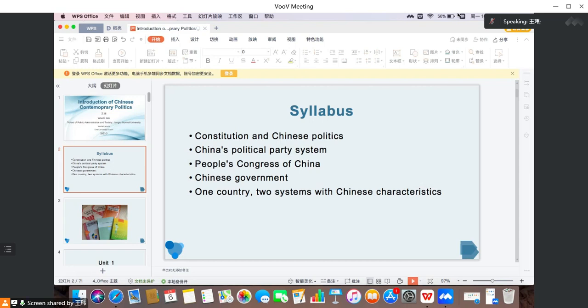And even in our socialist countries, not just China, right, not all the productive materials, not all the factories, belong to the whole public.